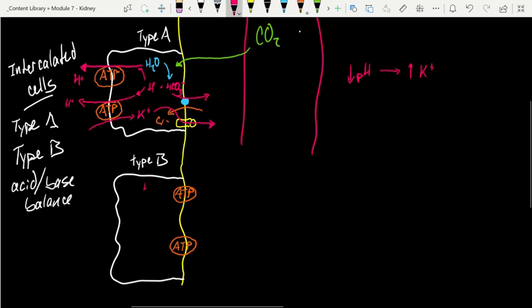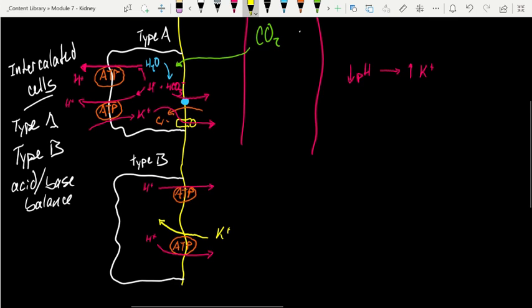We have H+ that can be unilaterally pumped across, or down here, H+ that is exchanged for potassium coming into the cell.